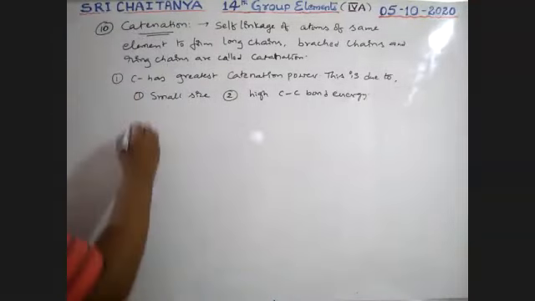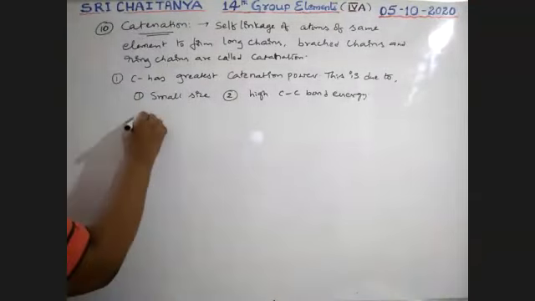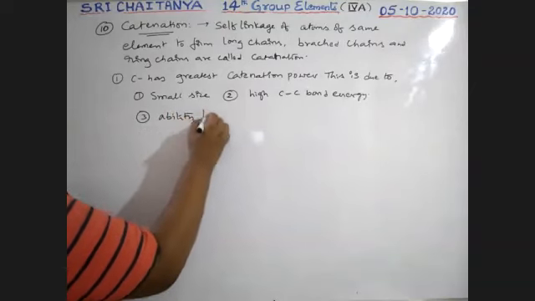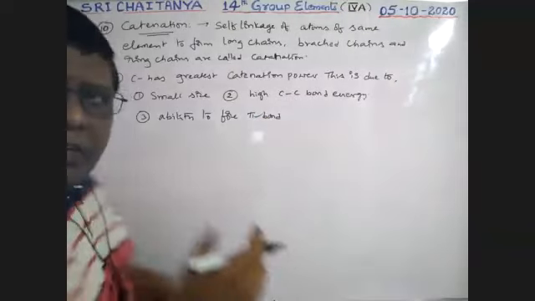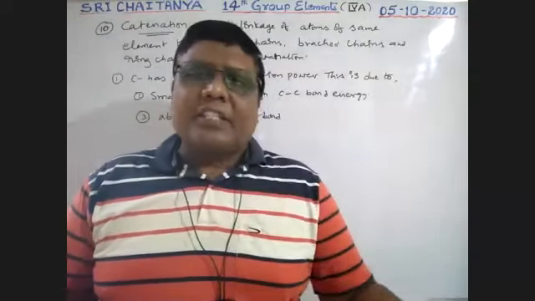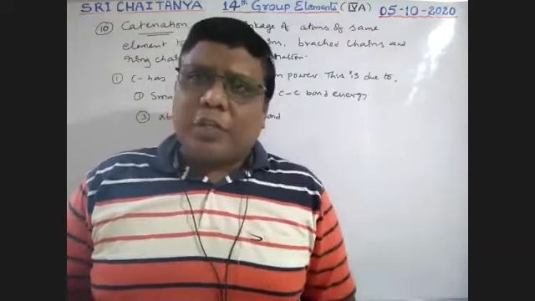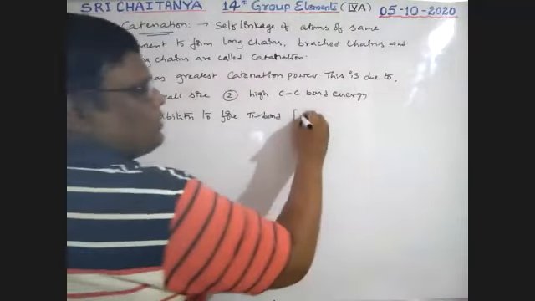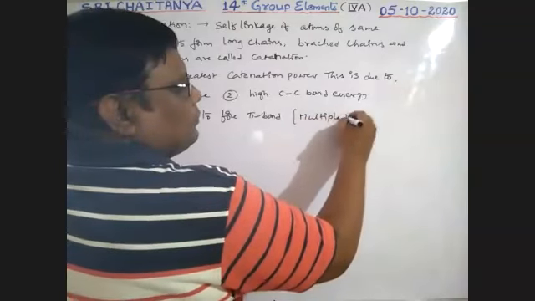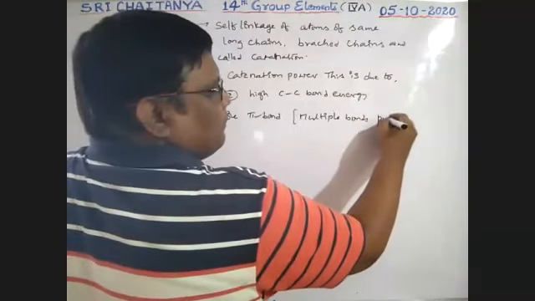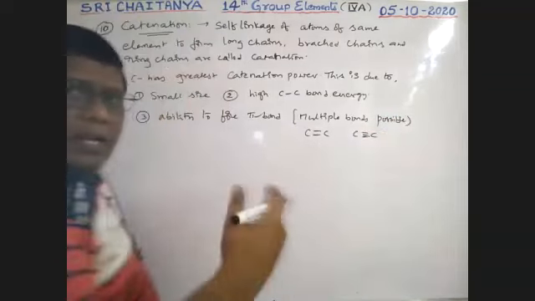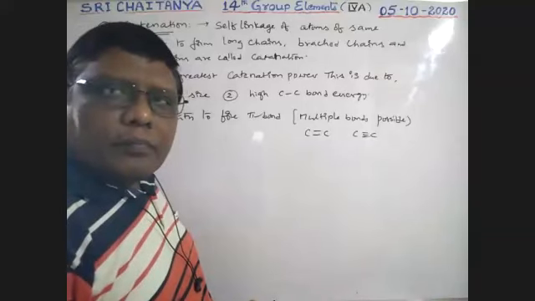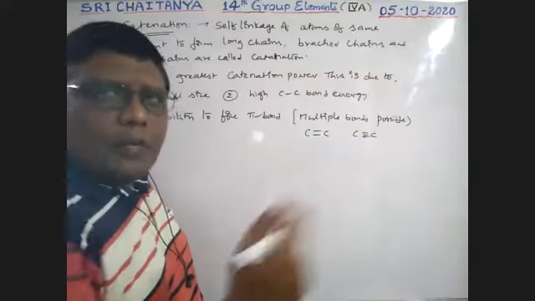Next, third point, ability to form pi bonding. Between carbon and carbon, pi bonds are possible. Between silicon and silicon, germanium and germanium, pi bonds are not possible. Pi bonds mean multiple bonds are possible, that means C double bond C, C triple bond C. That is not possible in the case of other elements.